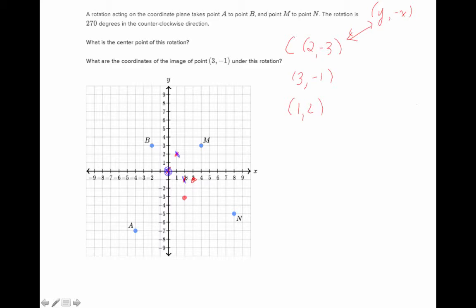That's the new rotation. Now I'm going to take this one, (2, -1), from this center, and that's (4, -4). So if this one doesn't work, then I'm not really sure what the deal is.